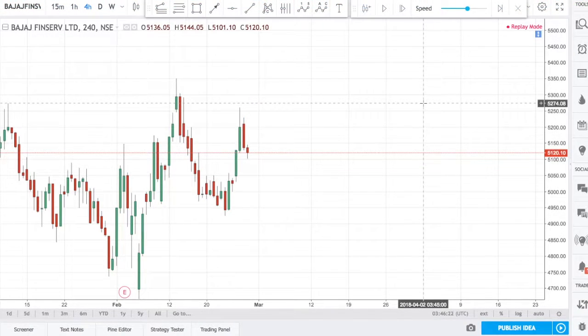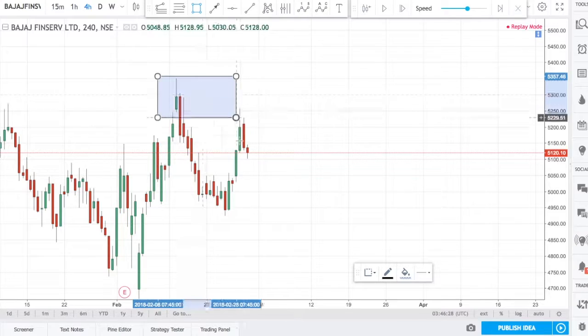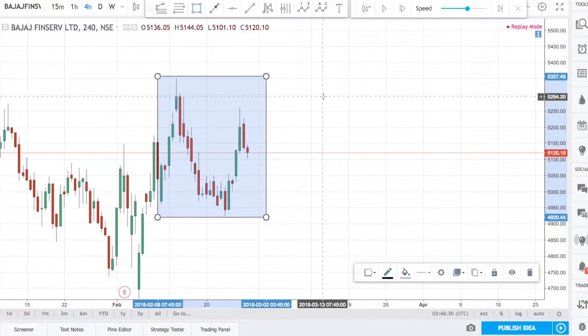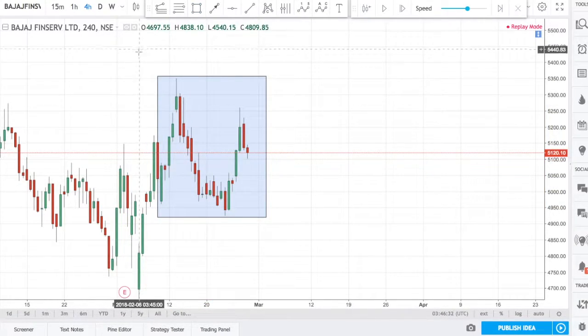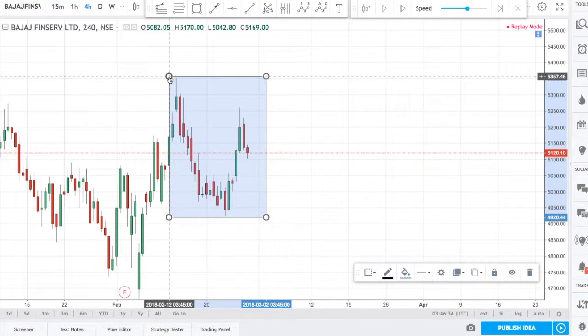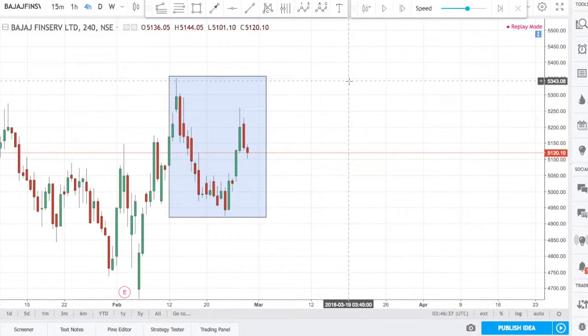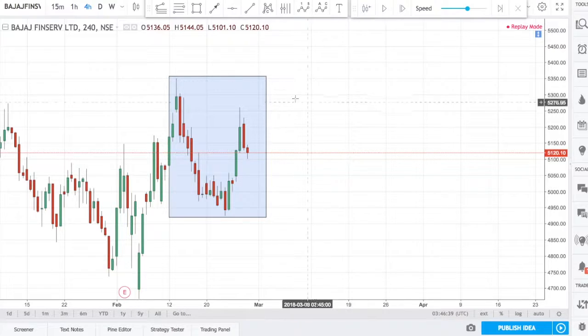In this chart, focus on this portion here.